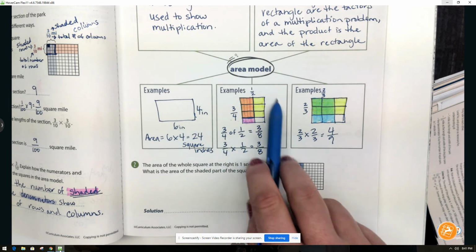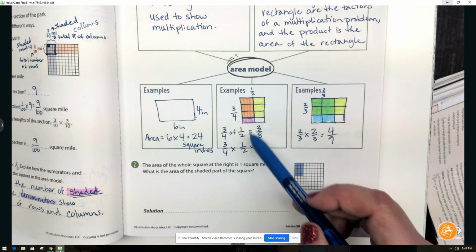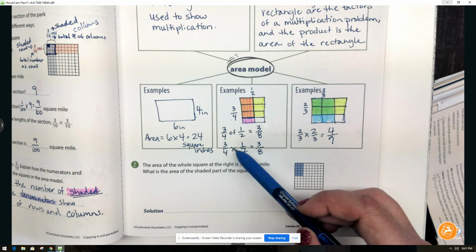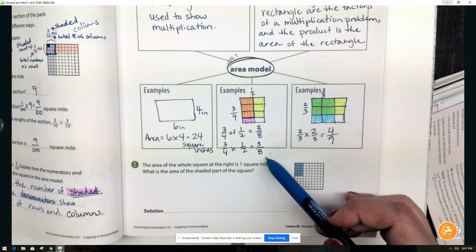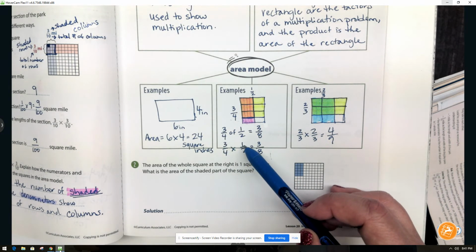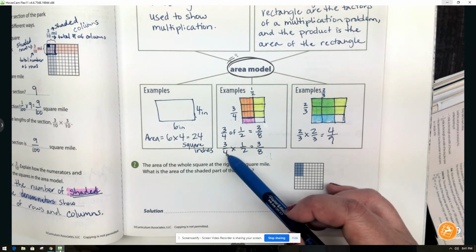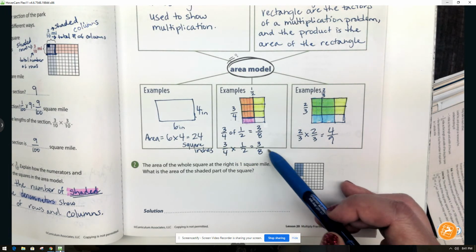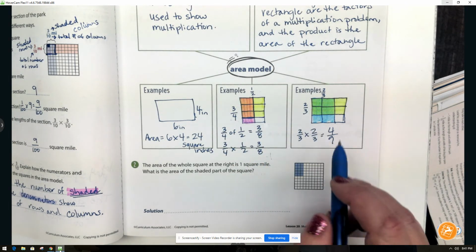The area model in this picture shows us what is 3/4 of 1/2, or what is 3/4 times 1/2. Now, we all have learned how to do this equation. We multiply 3 times 1, our two numerators, to get a new numerator of 3, and we multiply our two denominators to get a new denominator of 8. But what does that mean when we're looking at an area model?